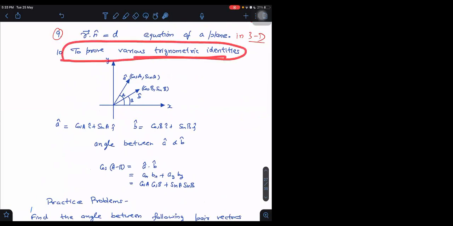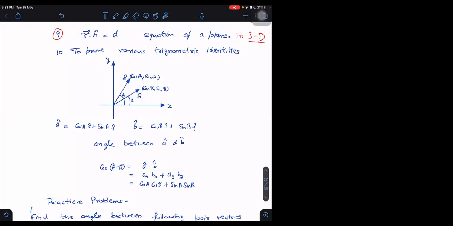To prove various trigonometric identities, let us say I have a unit vector B and a unit vector A. If B is making angle B with the x-axis, then I can write its coordinates as cos B and sin B, right? Why? Because it is of 1 unit magnitude, and if I take the x component, this is like a base, and base upon hypotenuse is equal to cos theta, so base equals hypotenuse into cos theta.